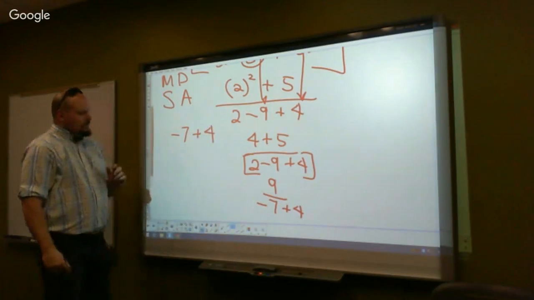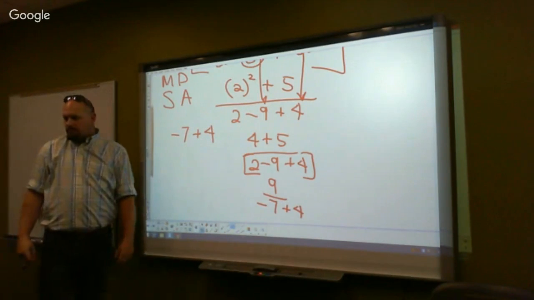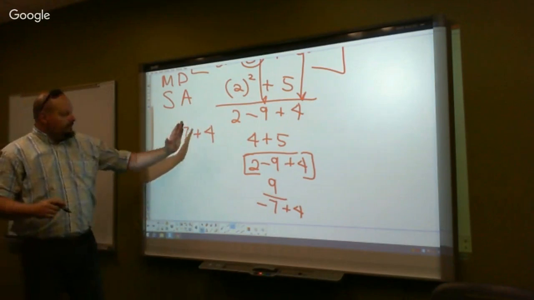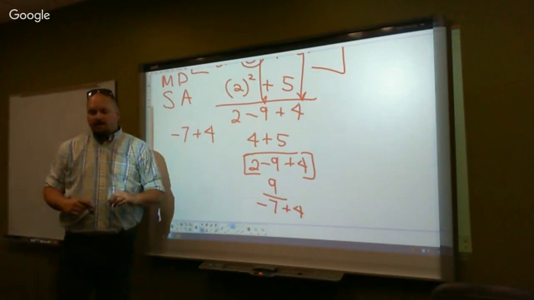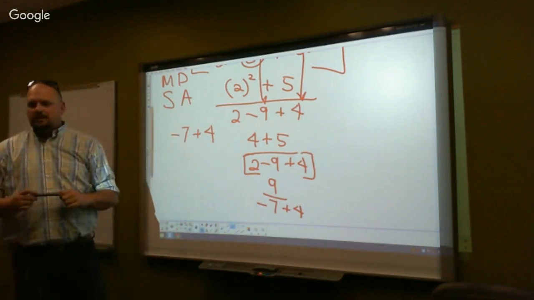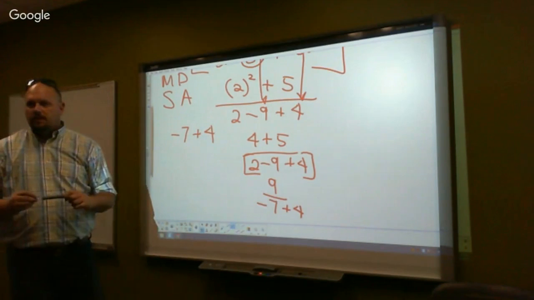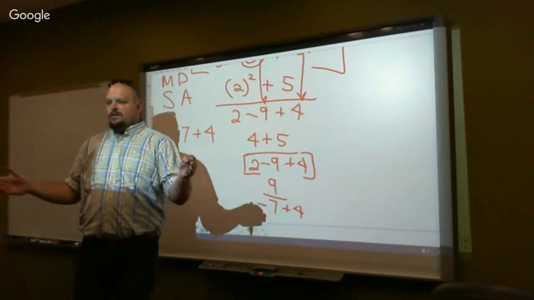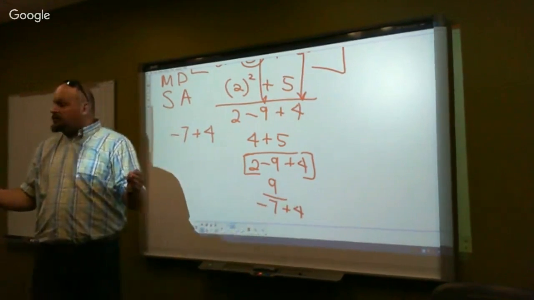The rule is that we take the difference between those two, and we keep the sign of the bigger number. Very good. So the difference between 7 and 4 is what? It's not 11. What's the difference mean? We're going to subtract those two, right?